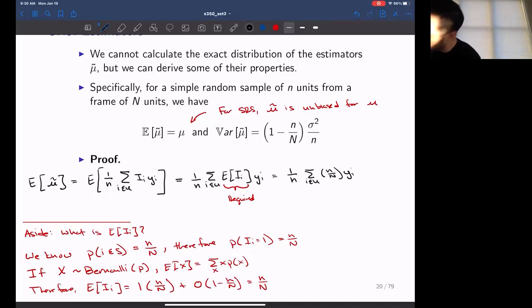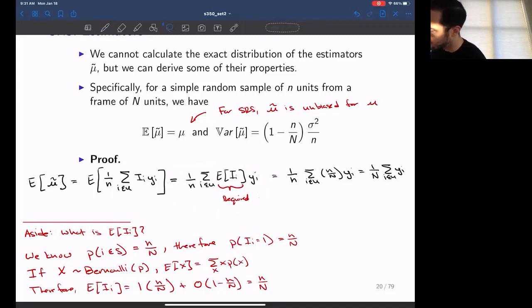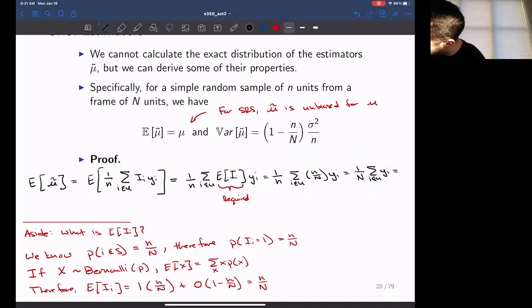And then you can see that what ends up happening next is you end up with 1 over capital N multiplied by the sum over i in U of y_i. Right? So now we have the sum across all observations in the frame divided by the frame size, and that is the definition of the population mean, hence the result being unbiased.